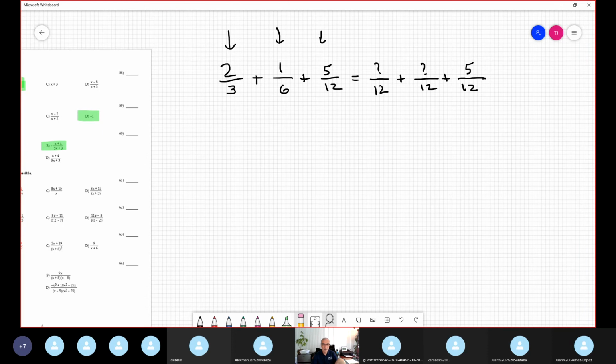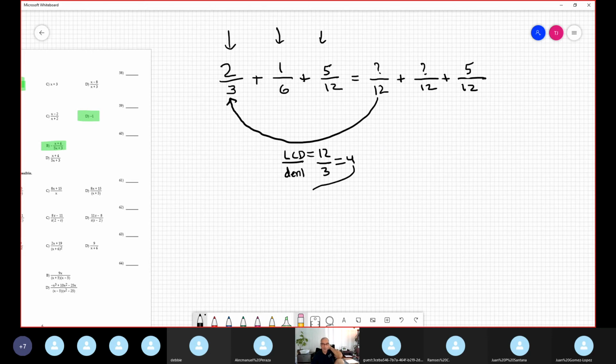Okay. There are many ways. You divide the least common denominator, which is 12, by the denominator. I call it denominator 1, because it's 1, 2, 3. 12 divided by 3 is 4.